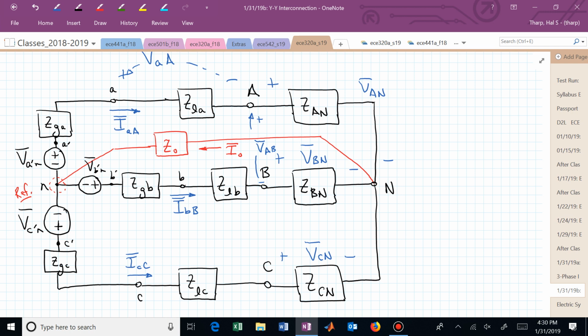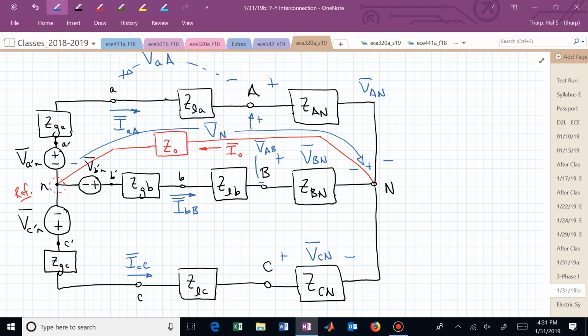Maybe you need to identify, since little n is our reference, maybe you could say, well, if you would give me this voltage, that's the voltage at capital N. That's V sub capital N.